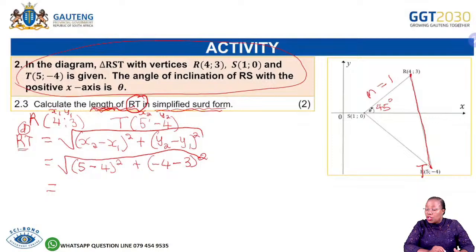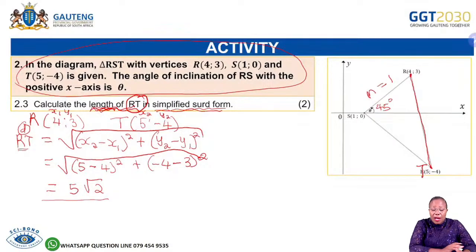And then straight into your calculator, grade 12. Avoid partial simplification, because it's where we encounter a lot of mistakes as learners are trying to simplify that. So after your substitution, put everything into your calculator with the square root sign, and then we end up with the answer 5 square root 2. I hope you managed to get that particular answer, grade 12.